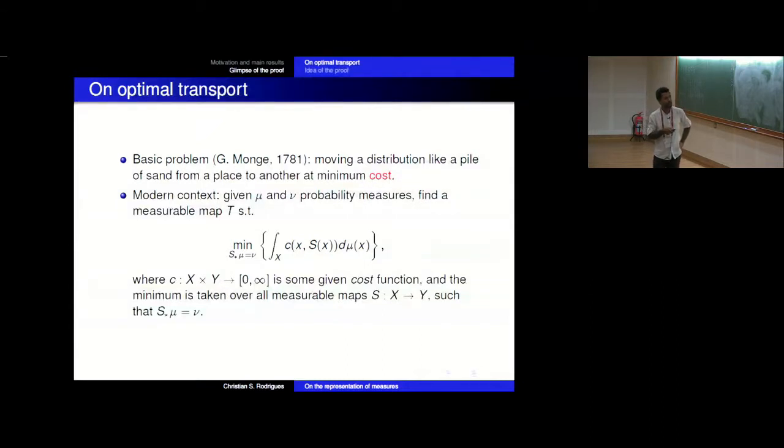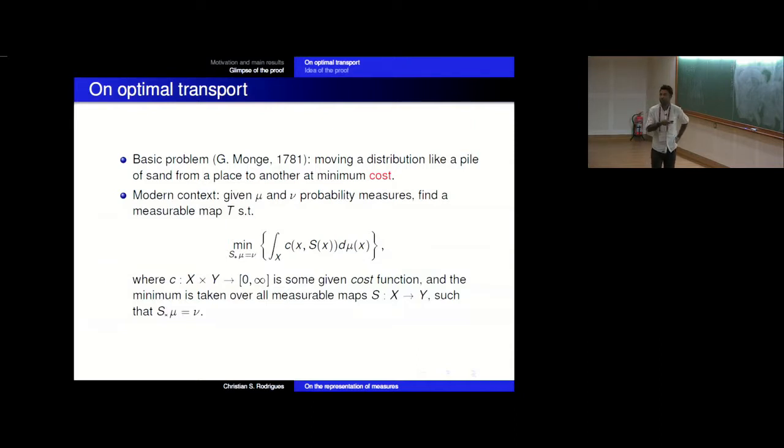You have a function C that is the cost, representing how much you spend moving your mass from one region to the other, and then you want to minimize the cost of sending x to S of x, with the condition that one measure is transported to the other, which in our case means that the push forward of mu by S is equal to nu. Okay, so this is a very nice problem.